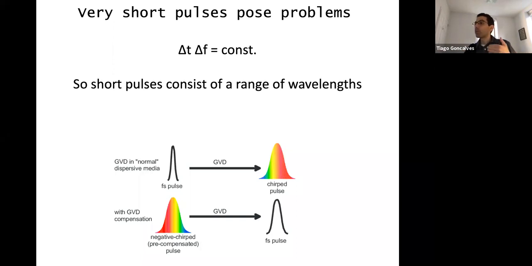There's no way of making a very, very short pulse that is composed only of a single wavelength. So these lasers are very different from continuous wave lasers, like a 488 argon, that only pump out 488 nanometer light.